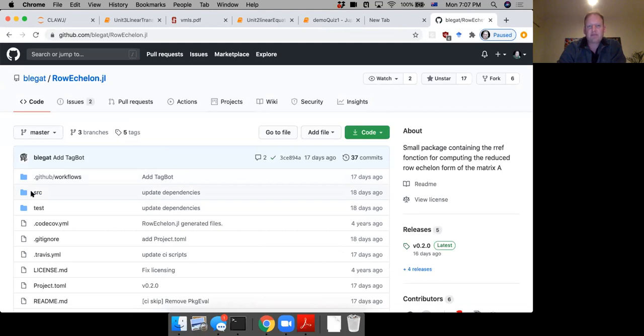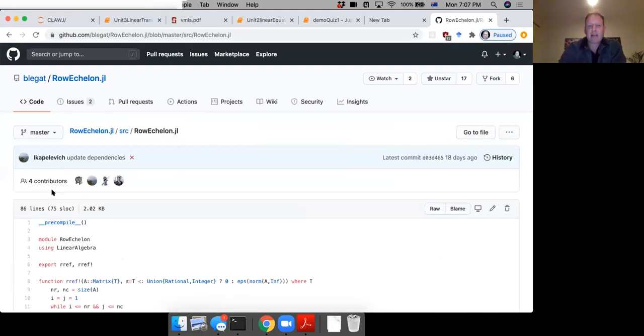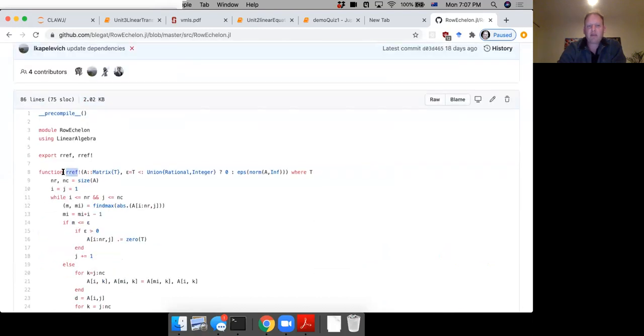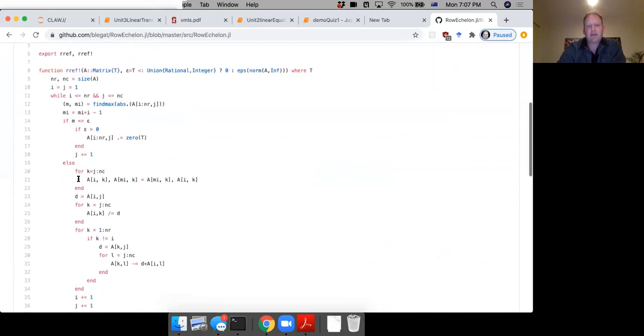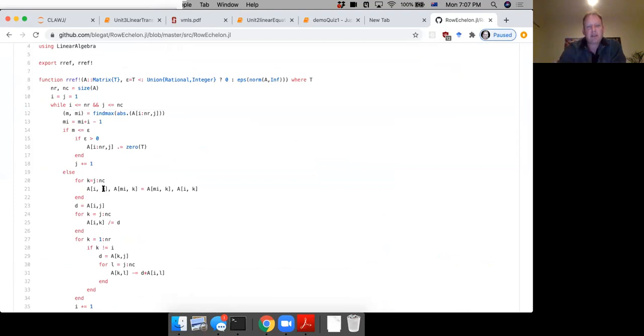This is a good thing to have, because MATLAB has this built in, but in Julia it's added in. And you see something nice about Julia: this is actually how they implement this function, RF. There's some logic and some loops, but this is doing Gaussian elimination.